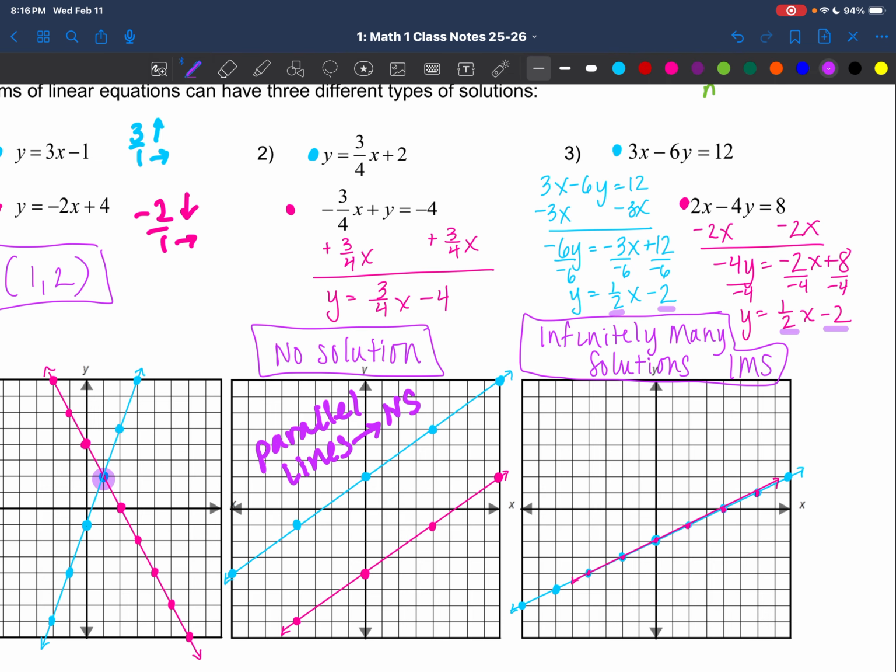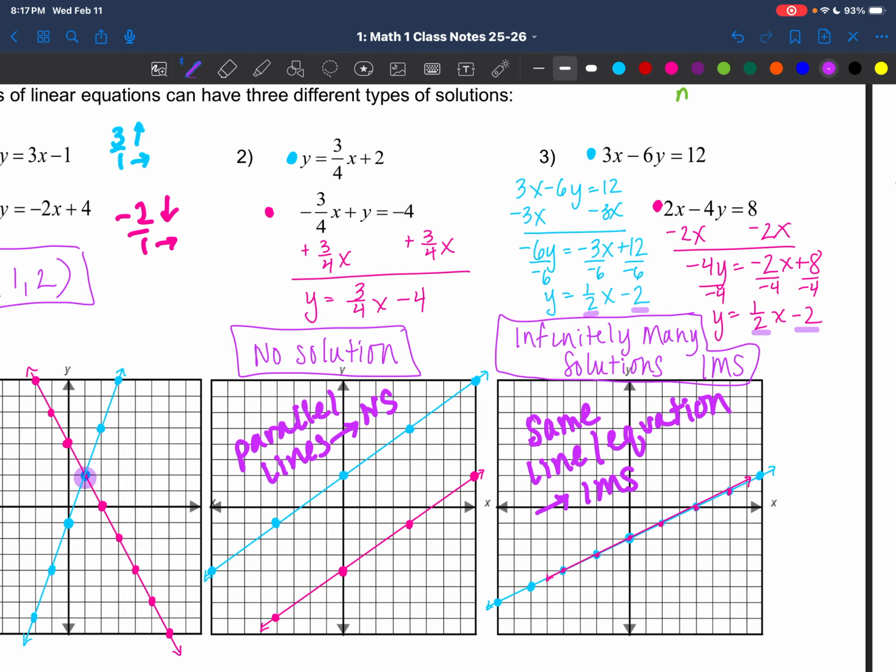So if it's the same line or equation, it's infinitely many solutions.